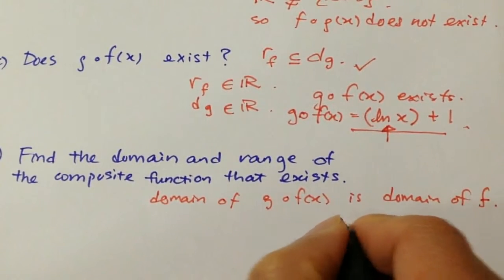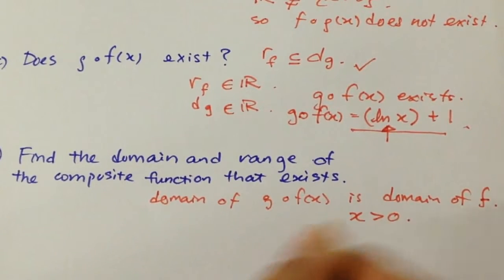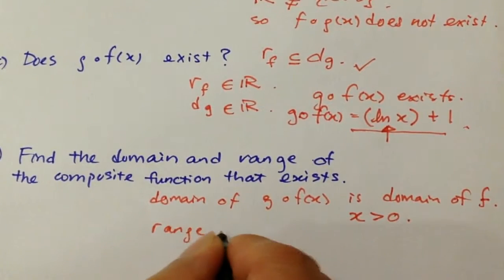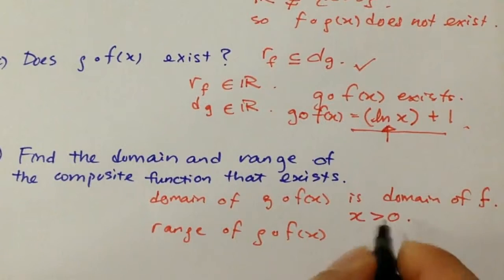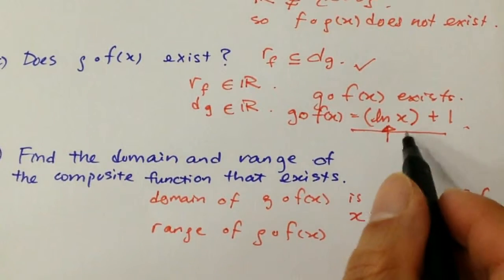So in this case, it's all x greater than 0. And the range of g of f of x is obviously also controlled by the domain. So there's all natural log of x plus 1.